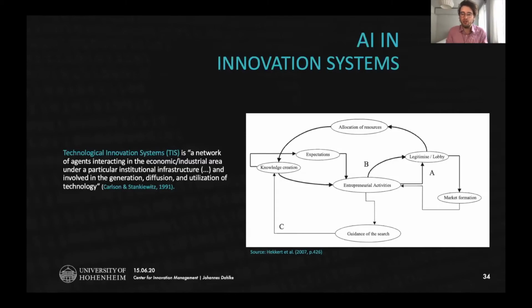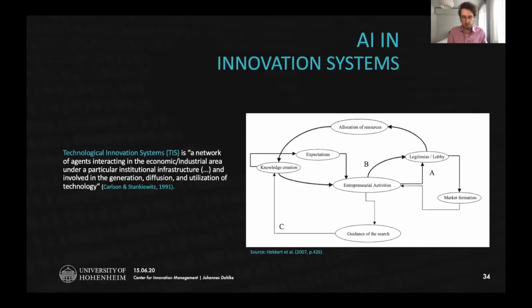And this in turn leads to more entrepreneurial activities. And we see that as well for AI, as we see a lot of research funding, again, by public institutions, but also national AI strategies being issued here. So we see that the technological innovation system around AI is really kicking into gear, okay?